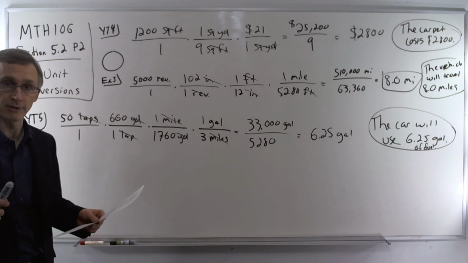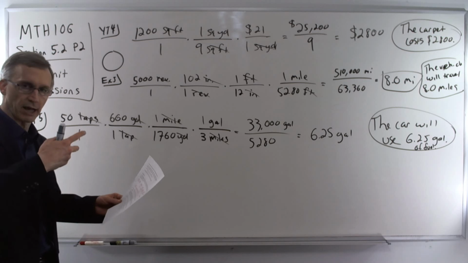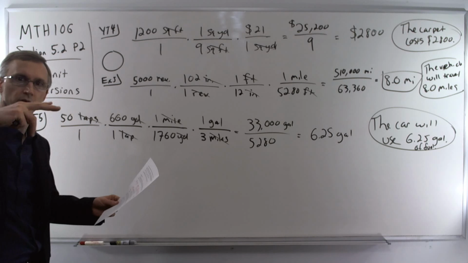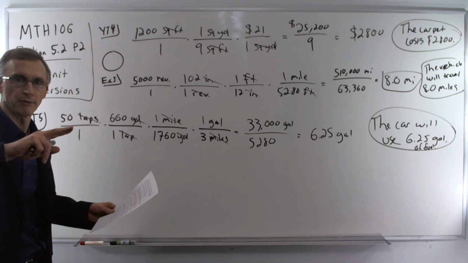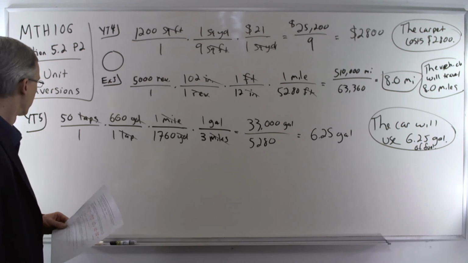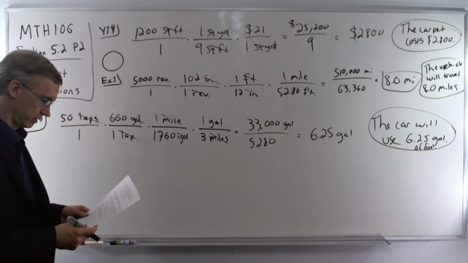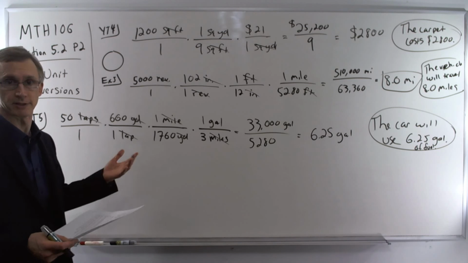Now it's helpful to start with the starting quantity because then you can be guaranteed that you got your fractions oriented correctly. If you don't start with the starting quantity, you may end up having to make a change later and flip a fraction over and do stuff like that. So it's more complicated that way, but you can still get the right answer. That's one of the great things about this technique.